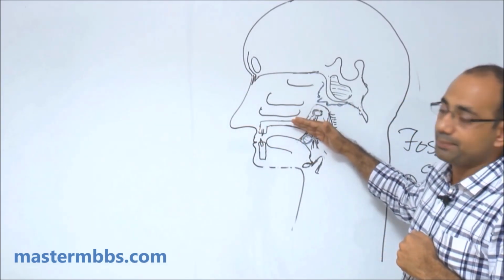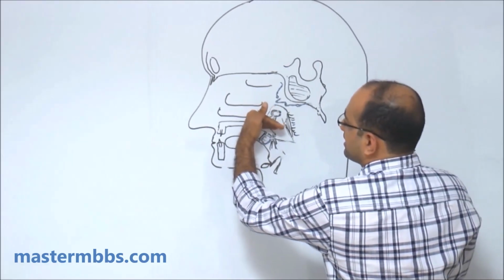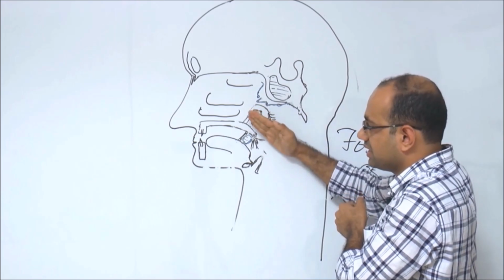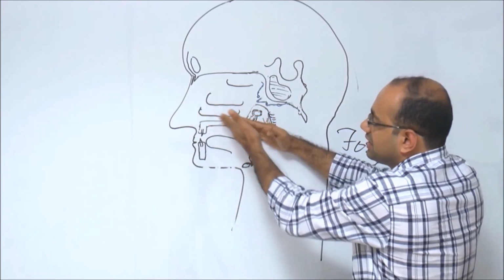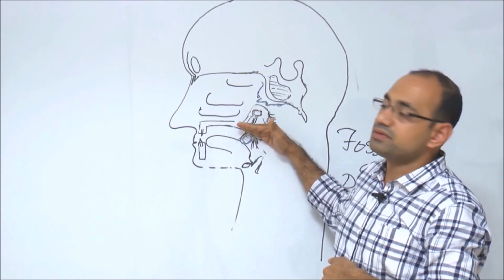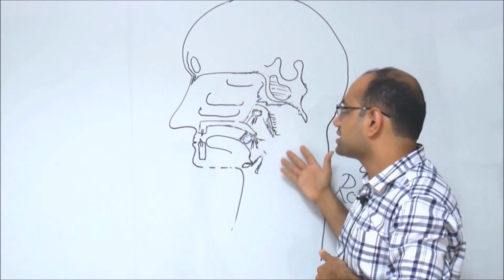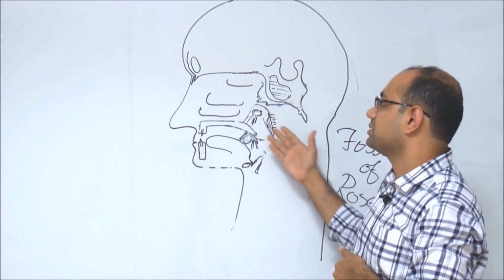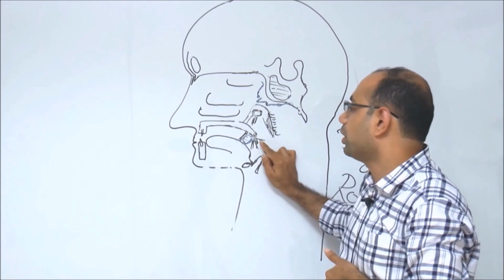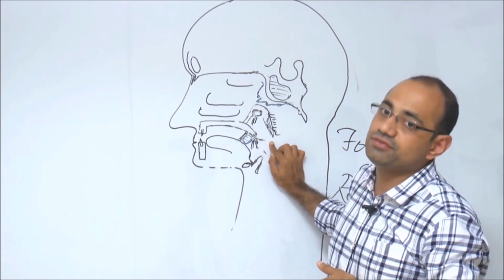The palate rises up, and this Passavant's ridge also constricts so that this area is blocked off, so that nothing is pushed up into the nasopharynx, because the sole function of the nasopharynx is for the airway. It's not related to your food. So that is the importance of your Passavant's ridge if you are asked about it.